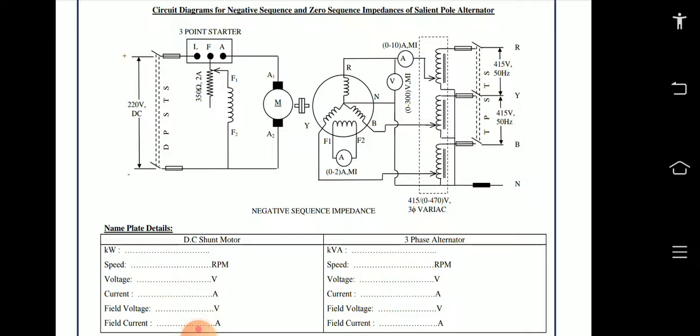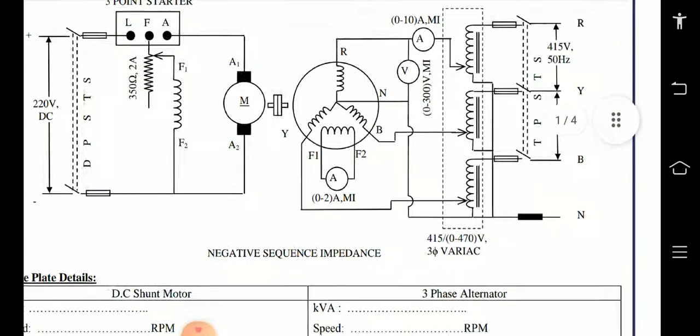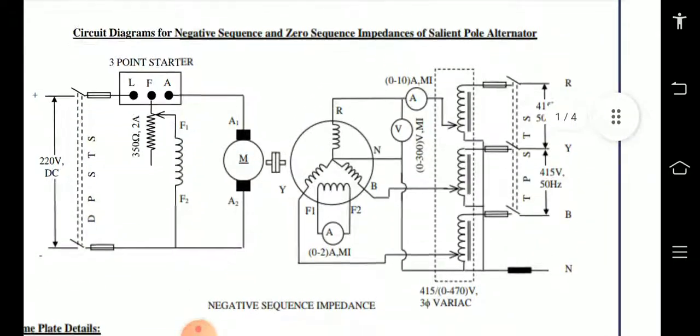The rheostat will be connected to the field of the motor, so that you can adjust the rheostat to make the motor attain a speed which matches the alternator speed, that is the synchronous speed.